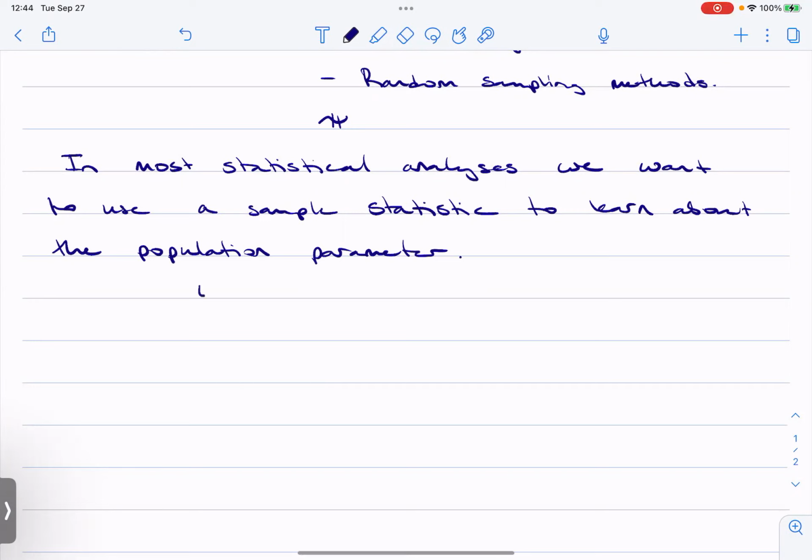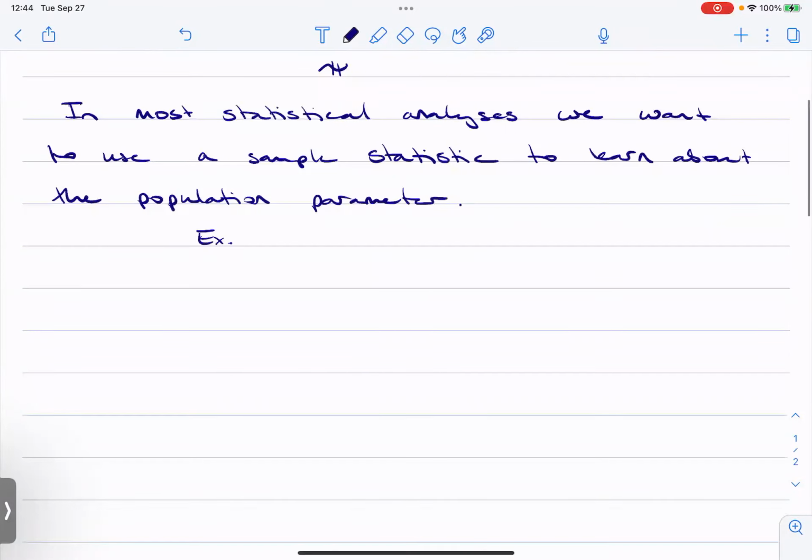For example, we use X bar, which is the sample mean, to learn about mu. X bar is what we use in our test statistic to find the p-value.